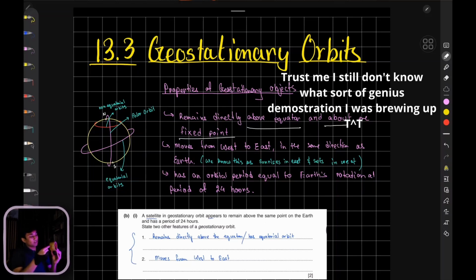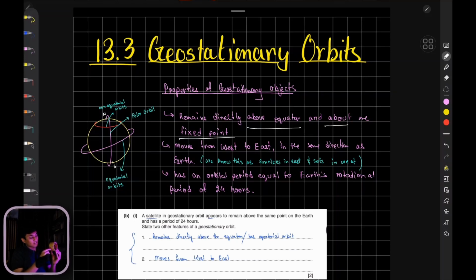If I have this point marked as the fixed point, I'm going to keep my finger exactly above this point and I'll let the Earth rotate. Now notice, as the Earth rotates, I can keep my finger exactly above the fixed point.